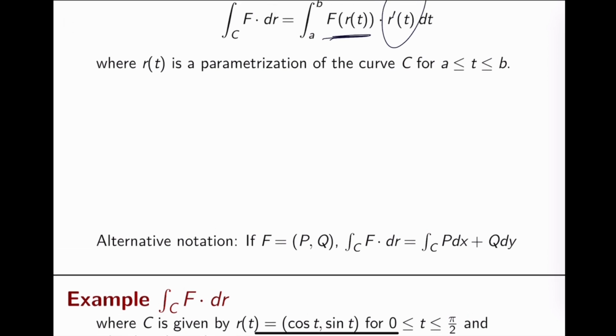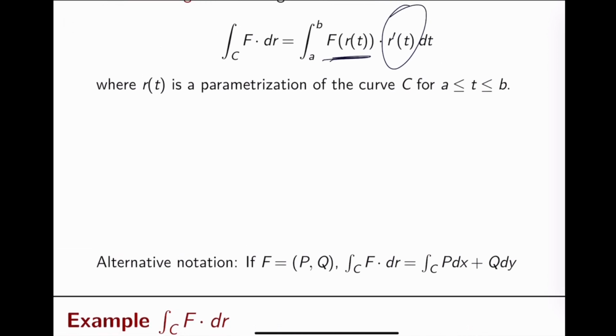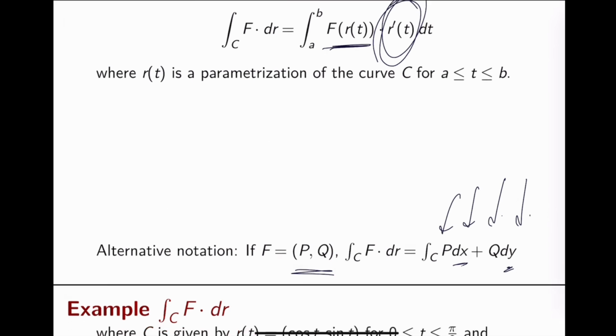An alternative notation, by the way, for this, if we consider the vector field in the two-dimensional space with two components, we can write this one as the first component dx and the second component dy, where the dx and the dy are just the components of the derivative, the first and the second component of the vector derivative.